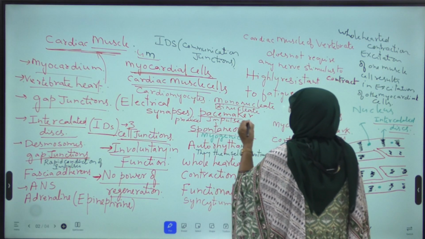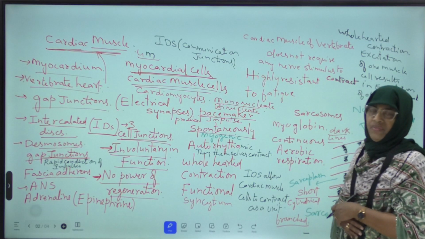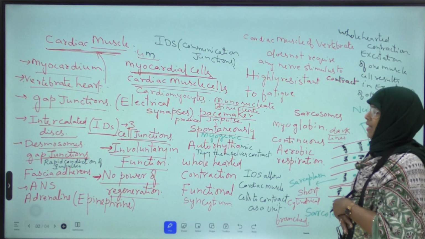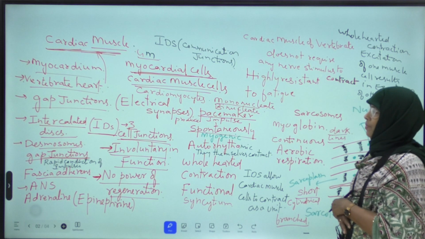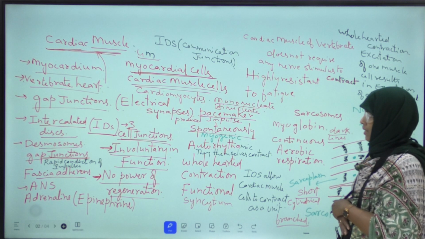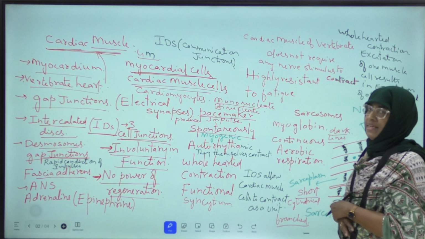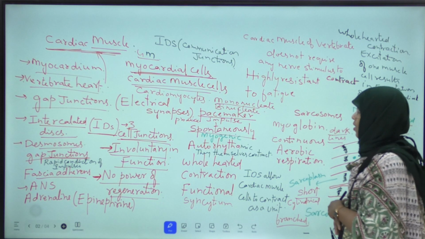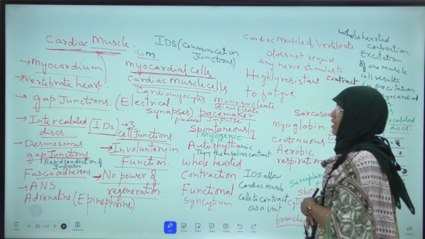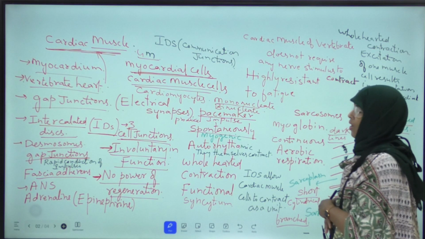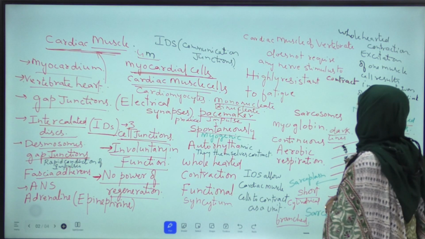The structure which initiates contraction of the heart. Here the pacemaker is modified cardiac muscle, which produces impulses spontaneously and is autorhythmic. They themselves contract, and the heart of vertebrates is called a myogenic heart.